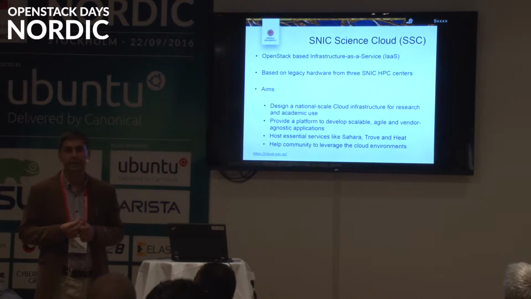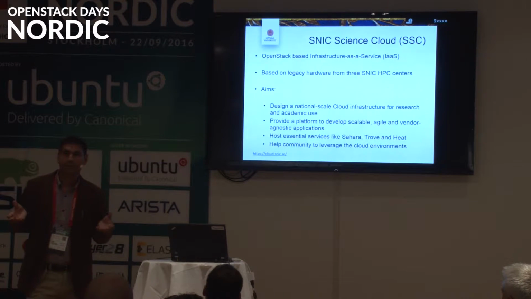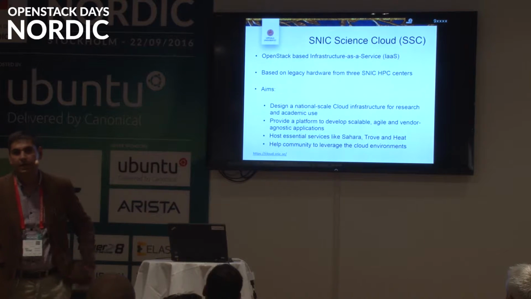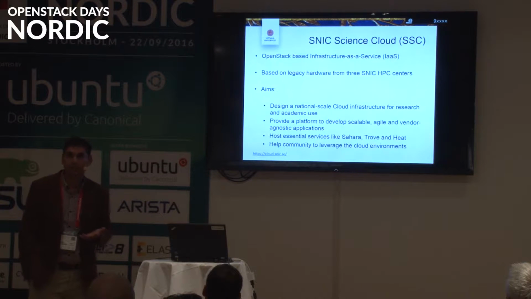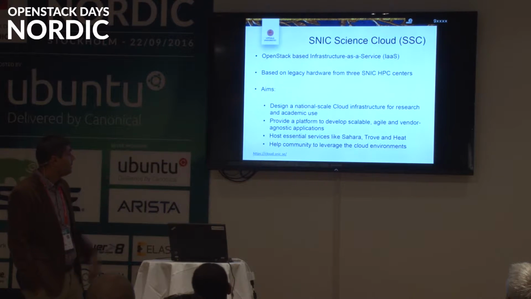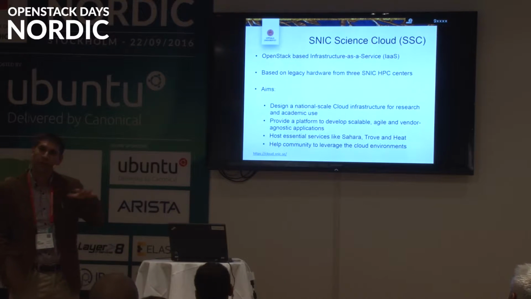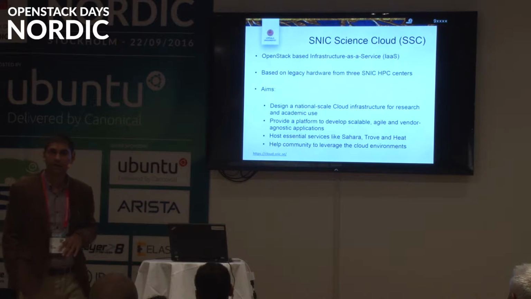It's a platform that provides a facility for the end user, specifically in academia, to find out the benefits of the cloud resources that are available. Our current architecture is based mostly on legacy hardware, old hardware that was previously used by the HPC kind of environment.